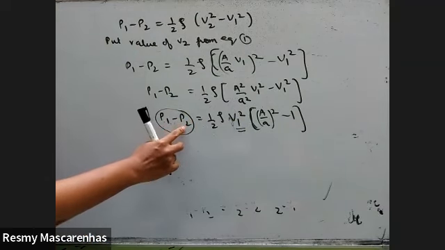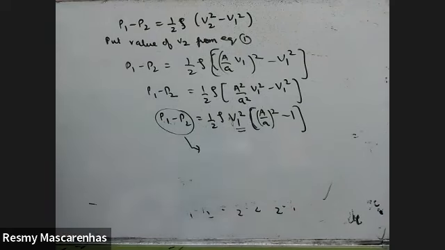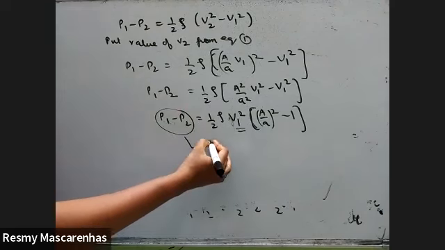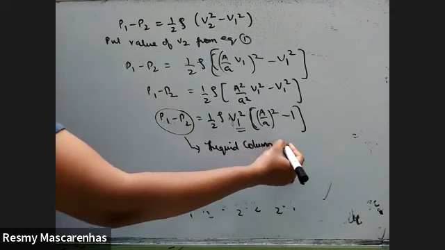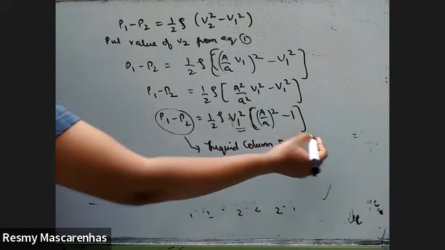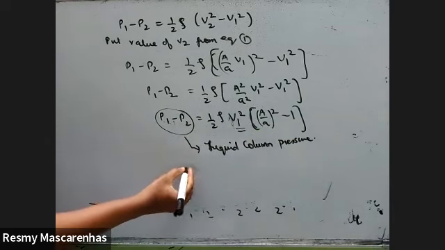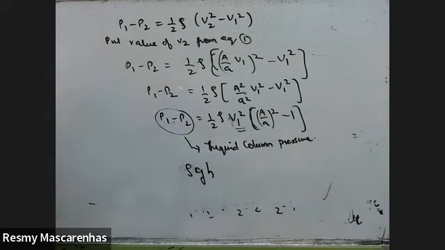P2 minus P1 or P1 minus P2 is nothing but the liquid column pressure, no? So instead of P1 minus P2, I can use it as rho g h.